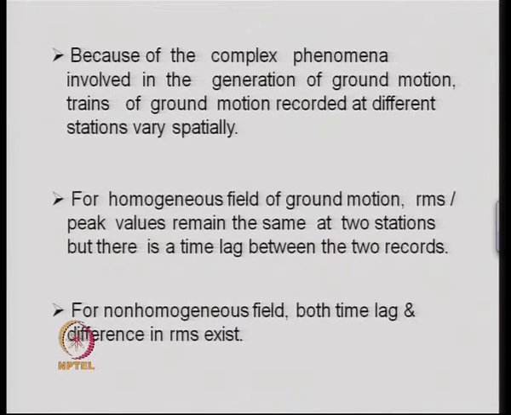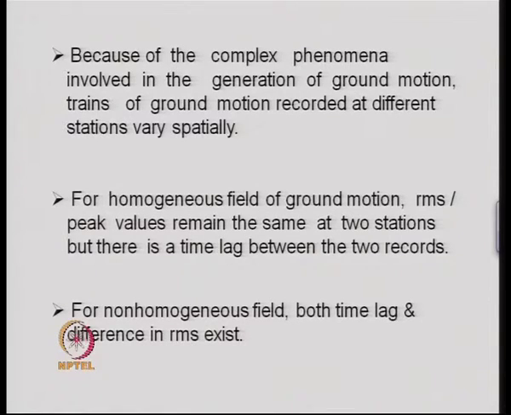Because of the complex phenomena involved in the generation of ground motion, ground motion recorded at different stations varies spatially. For a homogeneous field of ground motion, root mean square or peak values of ground motion remain the same at two stations, but there is a time lag between the two records.